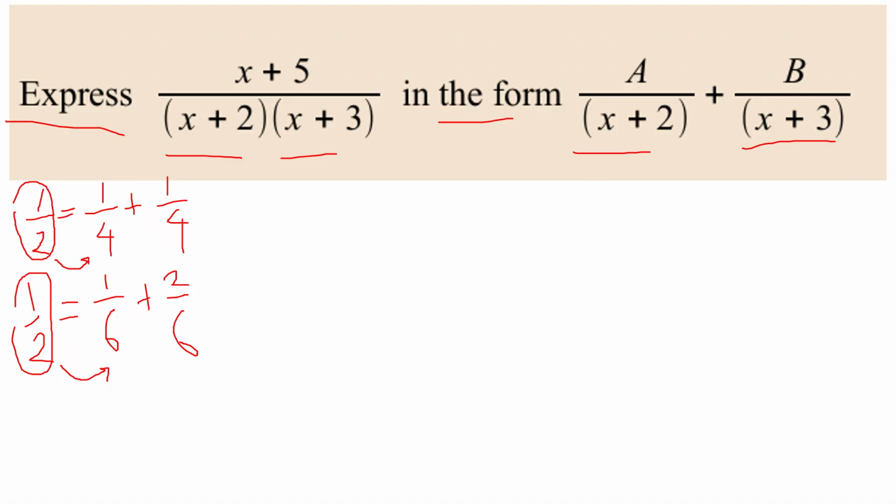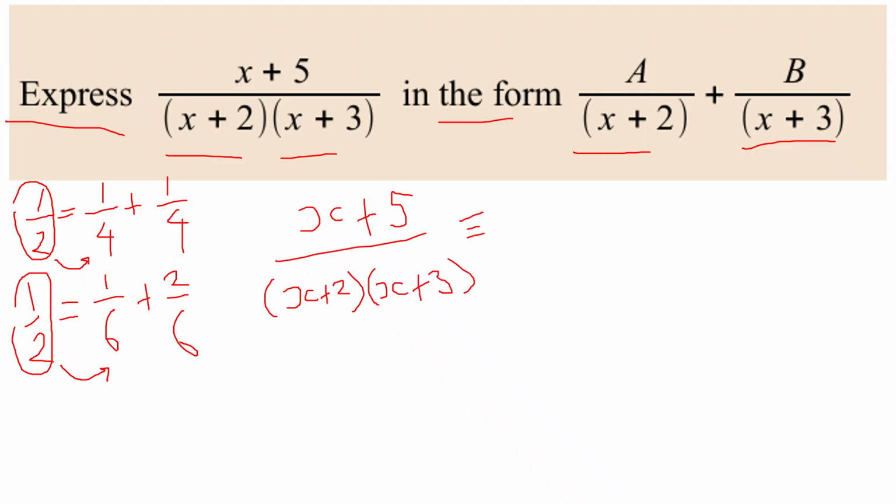So the process here, guys, is I'm going to write it as (x + 5) over (x + 2) multiplied by (x + 3). Now this can be rewritten as the question, in the form of, so I'm going to put the three lines here for identical, A over (x + 2) plus B over (x + 3), where A and B are just constants.